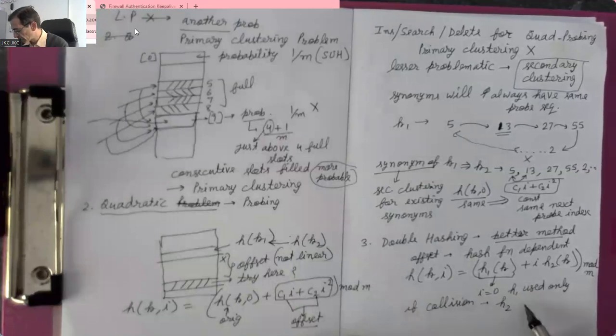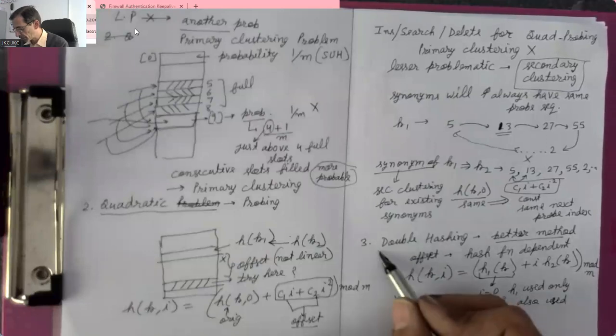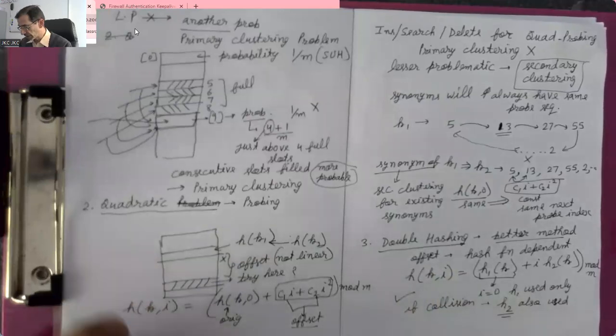My h2 function can be designed in a way so that for the same synonyms, next time h2 gives a different value rather than the same value again. If I can ensure that, then I can design h2 smartly, and with h1 and h2 being different mathematical calculations, synonyms can also get different addresses. So this will solve that problem also, and accordingly I will be able to perform better.